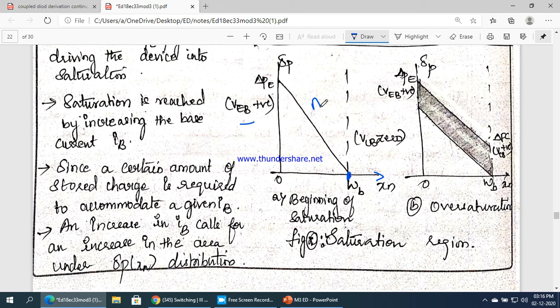Here we have a base N region, so this is P region and this is also P region. So how are we taking it from the cutoff region to the saturation region? First we forward bias the emitter base junction and make the collector base junction zero potential. This is the beginning of the saturation region.